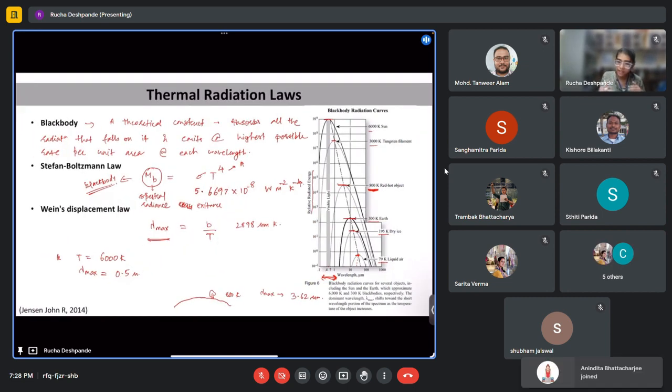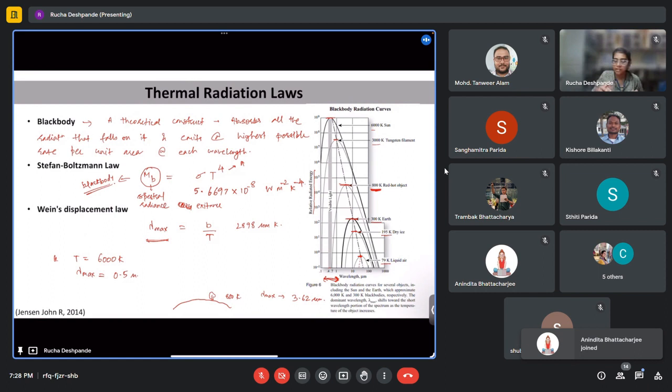Or we can take another example, like if we are studying other features on Earth which are similar to Earth's temperature, so it would be 300 Kelvin. For this, the lambda max would be around 9 micrometers. So for other objects on the Earth surface, lambda max is around 9, so this 8 to 14 window would be the ideal one to study those features.